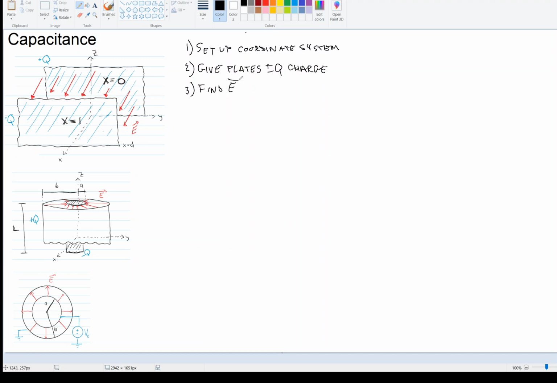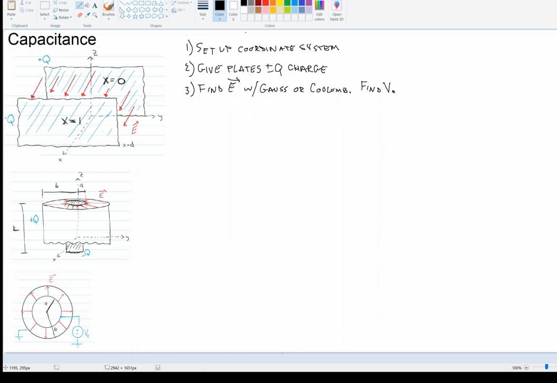E with Gauss's law. Now I didn't show you those details in this video because we've already done it. Or we could use Coulomb's law, by the way. You see, we've already done these things when we talked about electric fields and Gauss's law and Coulomb's law. We just didn't call them capacitors at the time.